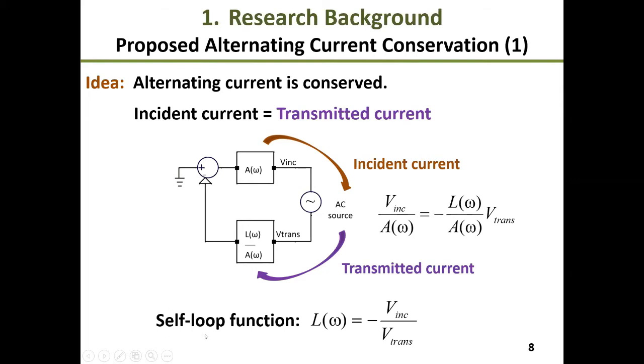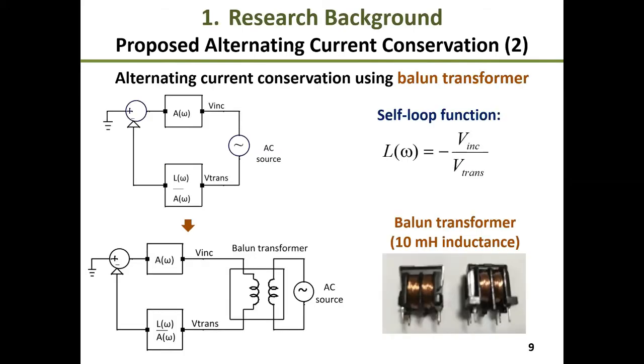And now the loop gain function is defined by L of omega is equal to minus the incident voltage over the transmitted voltage. And in this work we also use a passive balun transformer to measure the loop gain function in a design of a Thomas-Tow active filter.